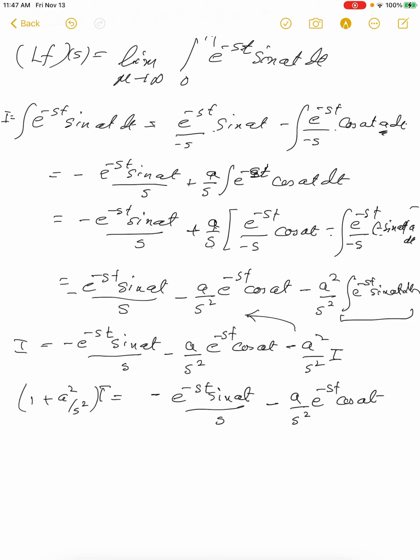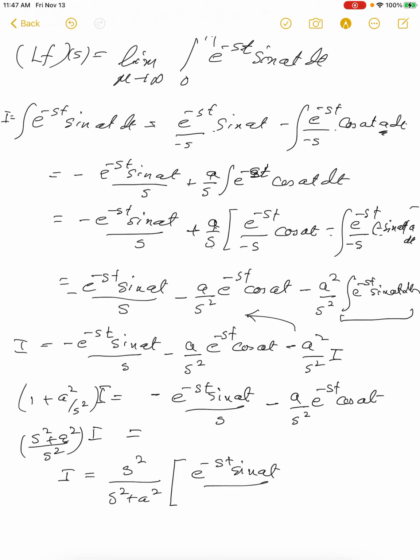So if you simplify this times I, of course, you will get (s squared plus a squared) by s squared times I equal to that. So I will be s squared over s squared plus a squared times, minus e^(-st) sin(at) by s minus a by s squared e^(-st) cos(at).